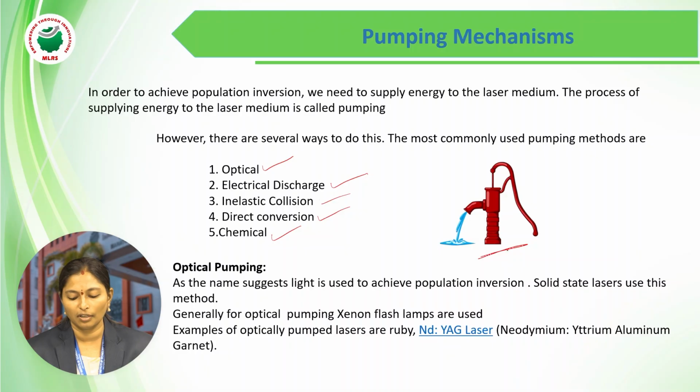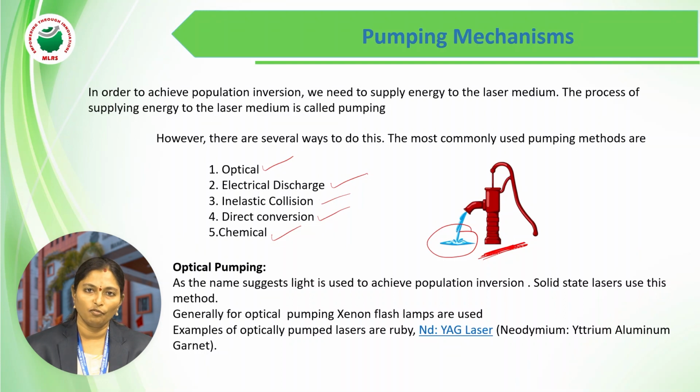If you see, it is like a general water pump. If you push with the piston, the water comes up from the ground and we get the water. That means we are giving some energy.